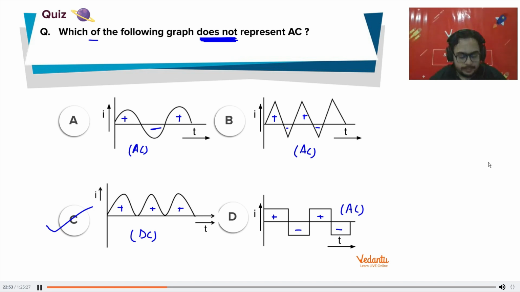Any doubts? Any dukh, any kast, any samasya? Arey 100% we will never get.